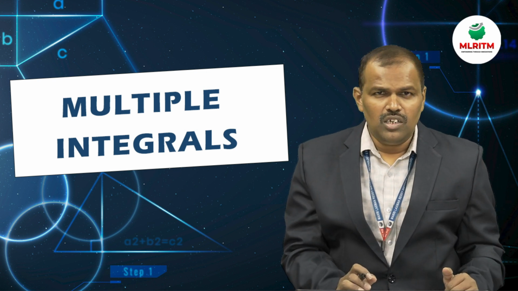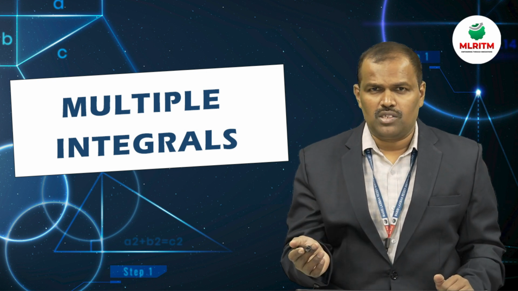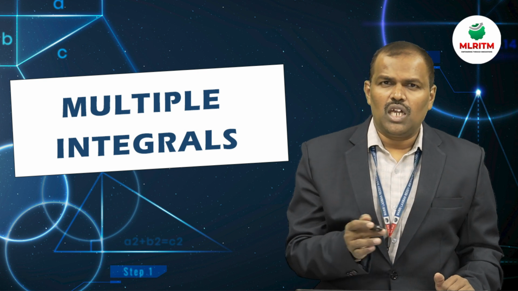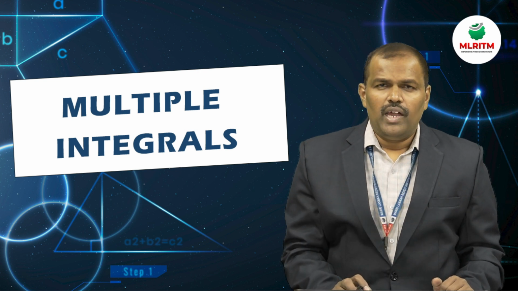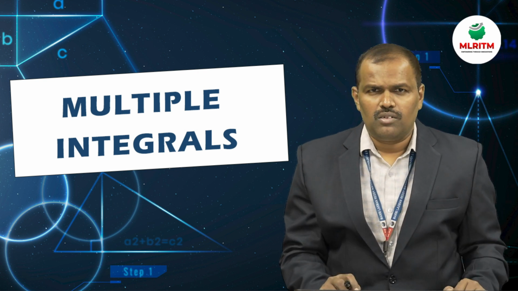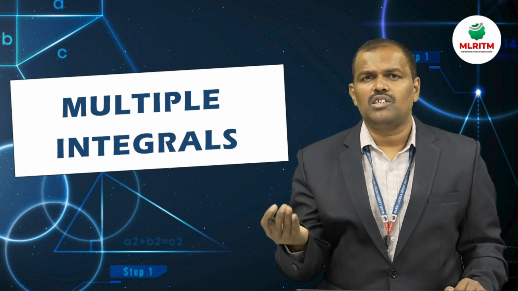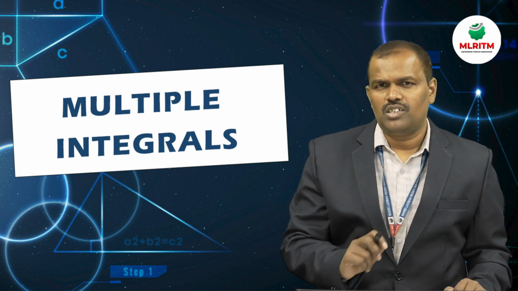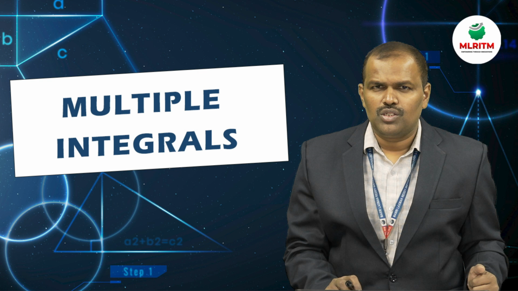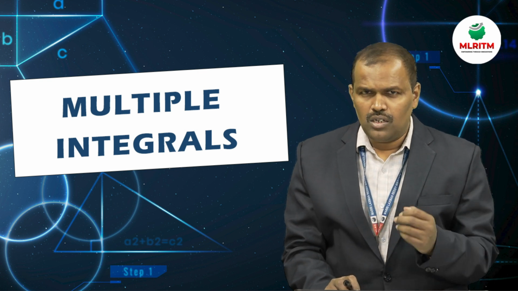The given integration is y in terms of x, that is, y varies, x fixed. If we change the order, that means x in terms of y and y constant, then what will happen? We will see now.